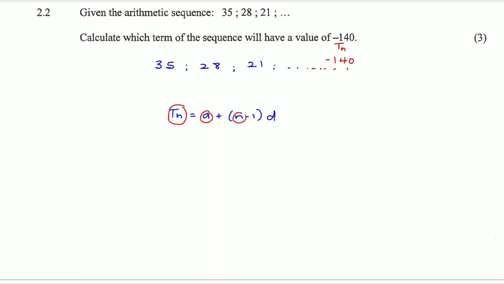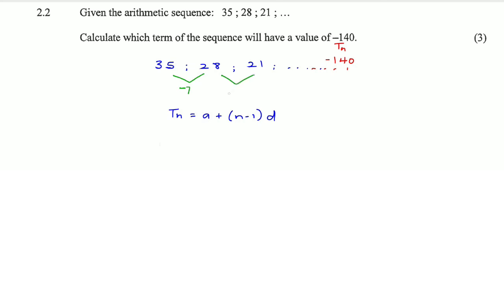N we don't know yet, and D is the constant difference of this arithmetic sequence. So let's find D first. D is the constant difference between the terms. From 35 to 28, we minus 7. From 28 to 21, we minus 7. So D is equal to minus 7.